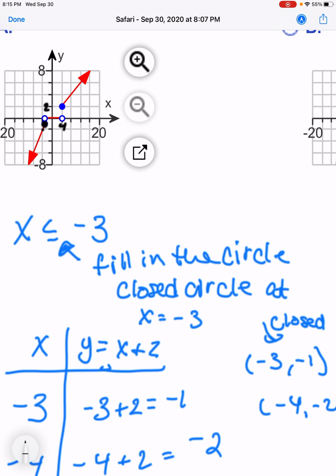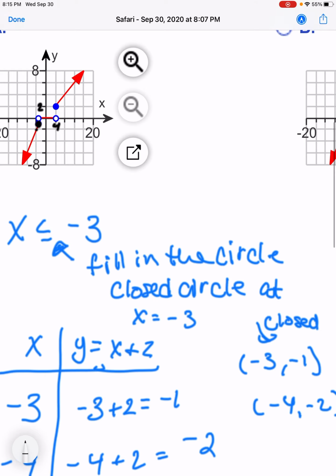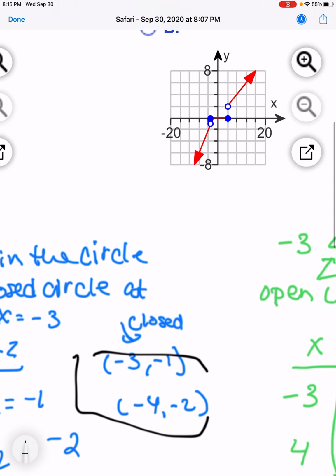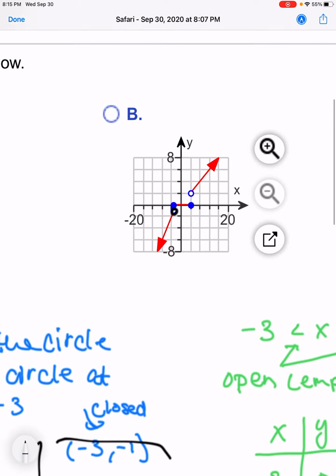And we do have that point here. Let's check our next graph for these two values. We have a point at -3, -1, but notice it's an empty open circle in this picture. So we're going to exclude B.